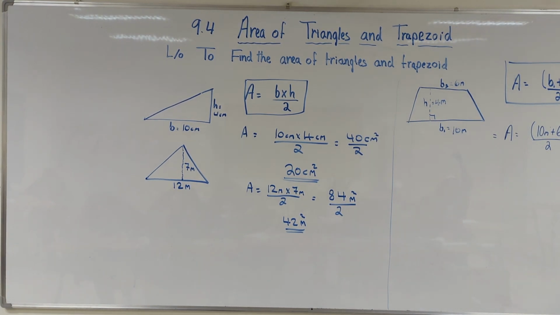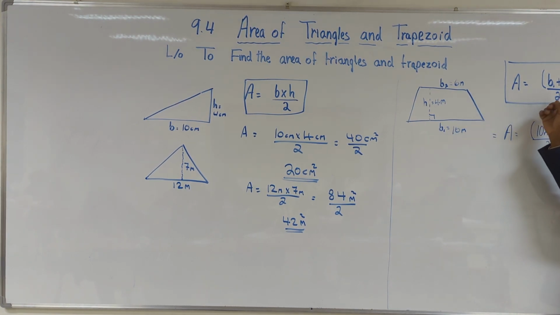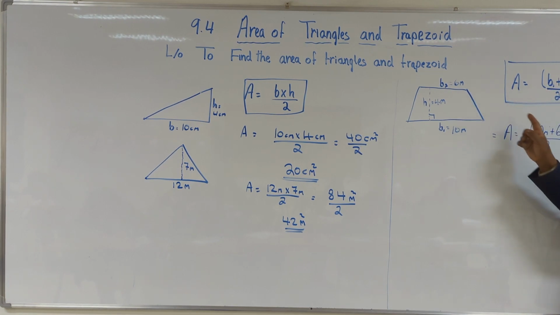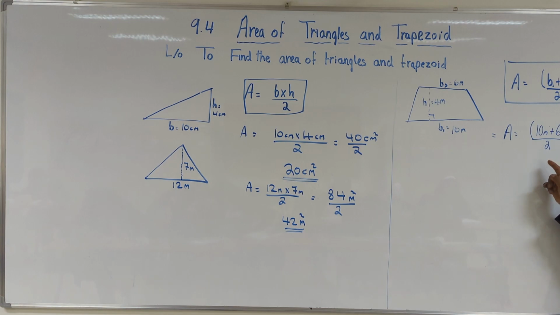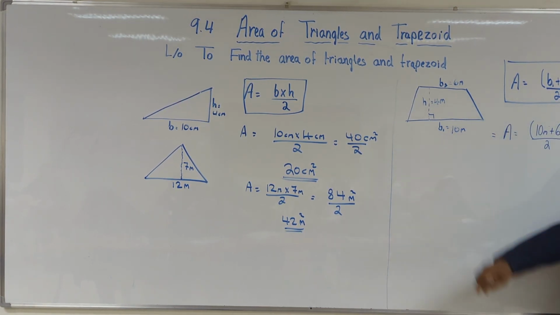You get it? Yes. So first of all, just substitute the letters with the numbers. B1 is 6, B2 is 10. Add them together, divide by 2, and then multiply by the height, which is 4.